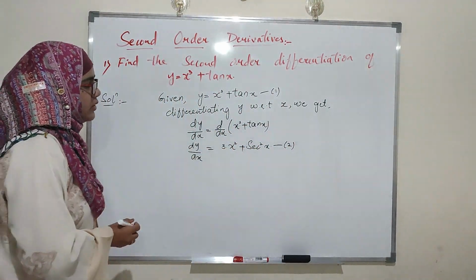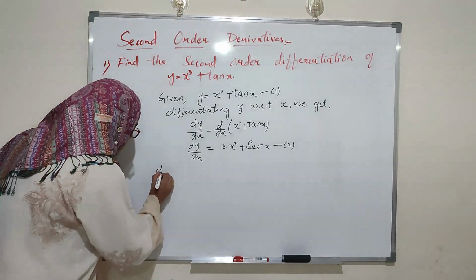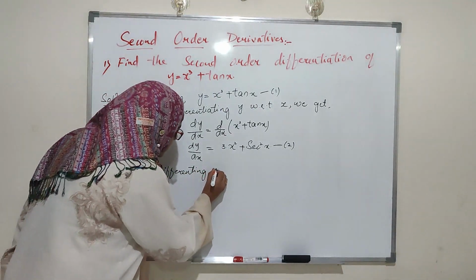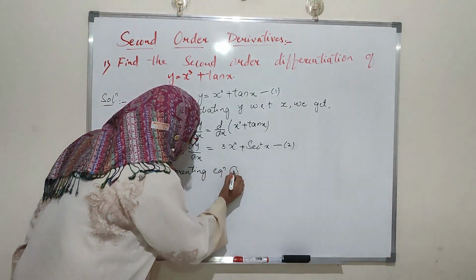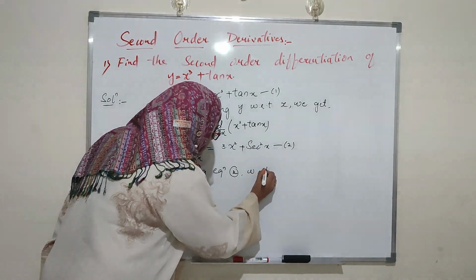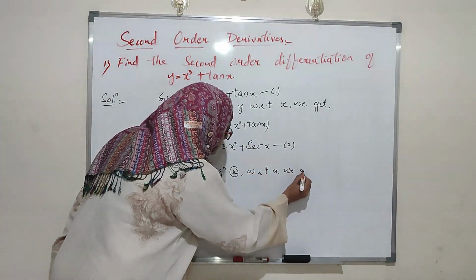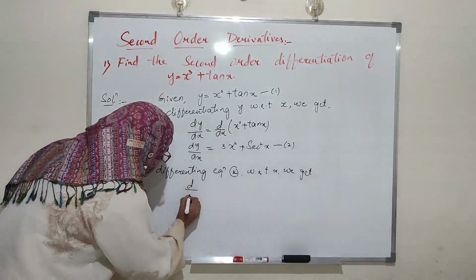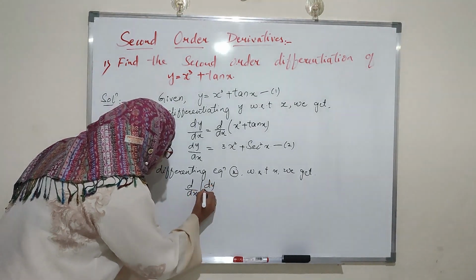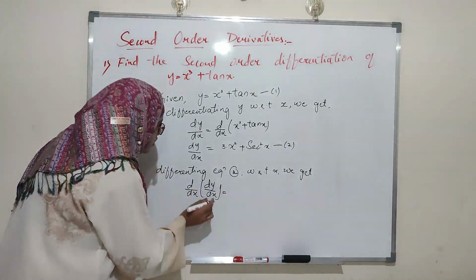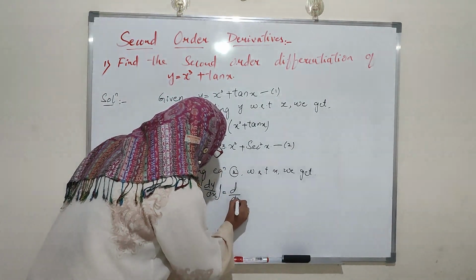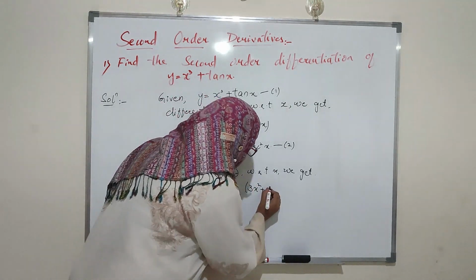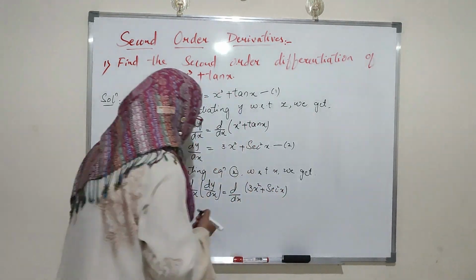Differentiating equation 2 with respect to x once again, we get d2y by dx square, d by dx of dy by dx, is equal to d by dx of 3x square plus sec square of x.